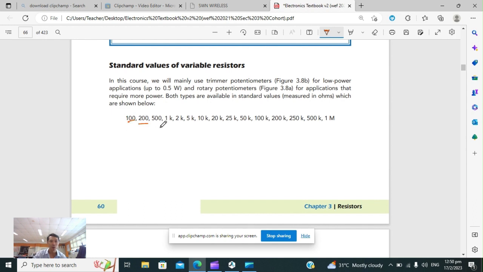You just need to know a few standard ones: 100, 200, 500, 1K, 2K, 50K, things like this. So if I look at this value, 20K, it means that this variable resistor is able to give me resistance from 0 all the way to 20,000 ohms. That's what it means.